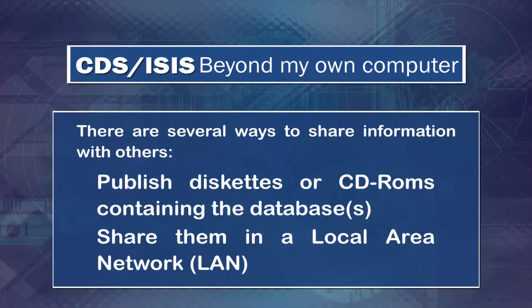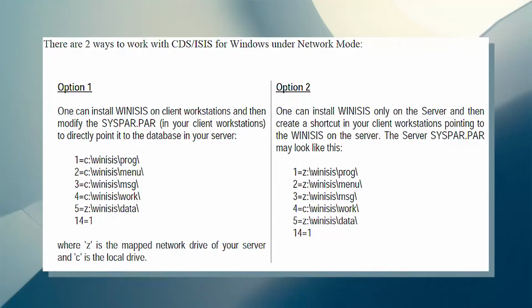Now, next comes the option that if you want to run CDS/ISIS for Windows in a LAN setup in your library, how to do it. I already told you that JavaIS is basically meant for TCP/IP enabled CDS/ISIS for Windows, but in a LAN setup you have to configure your syspar.par file properly. If you consider this particular screen, you see there are two options through which you can run WinISIS in a LAN.